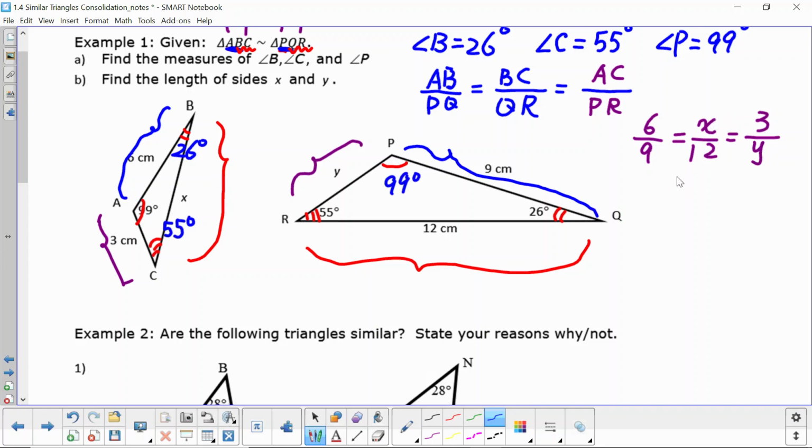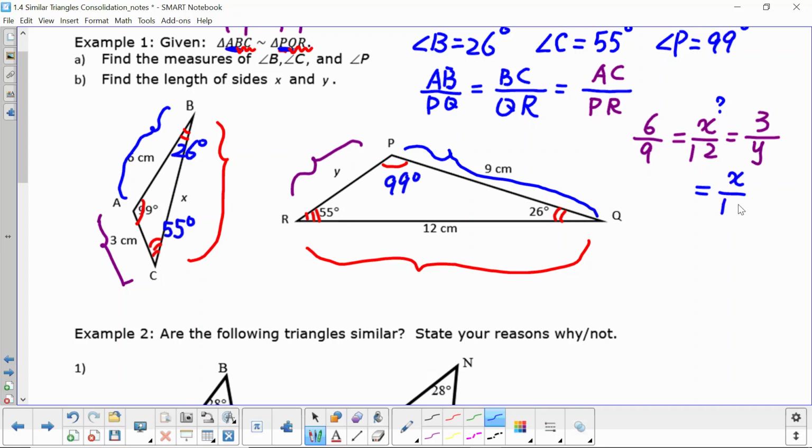I mentioned before, in one equation we need to have only one variable. One equation means you have only one equal sign. So we are going to pick 2 ratios to put on the left side and right side to set up the equation. In order to solve for x, which 2 ratios are we going to pick? We need to use x over 12.